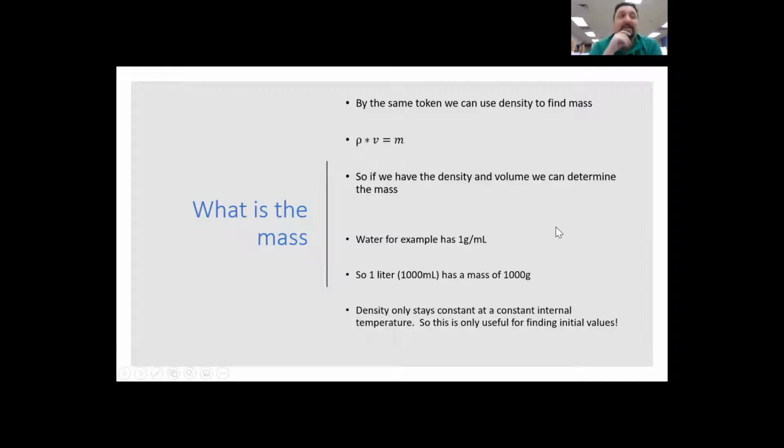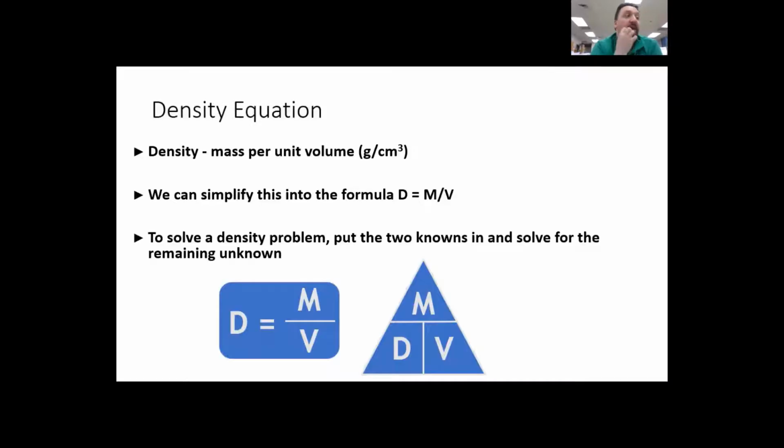Now, one thing about density is density changes based on temperature. We're going to ignore that for now and just have a standard temperature that doesn't change. Now, the density equation is density is equal to mass divided by volume. And to simplify this, we've created a triangle for you. On top is mass, on the bottom is density and volume.